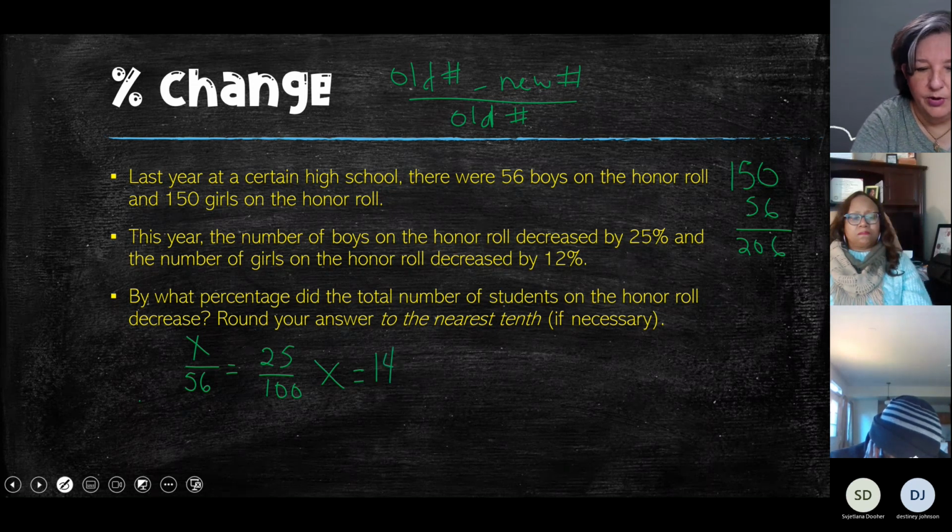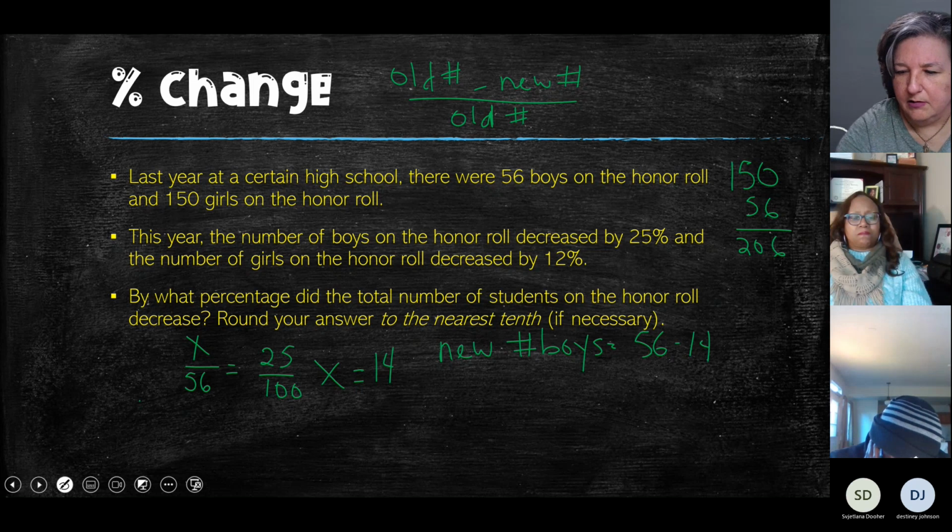So the new number of boys is 56 minus 14. And that's 42.